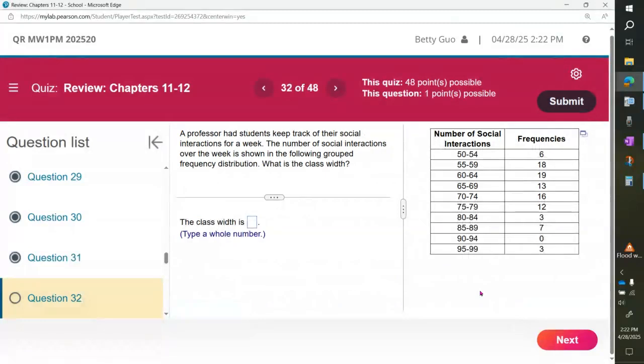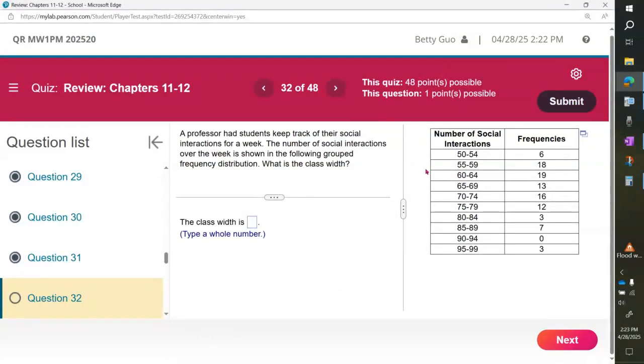A professor had students keep track of their social interactions for a week. The number of social interactions over the week is shown in the following grouped frequency distribution table. What is the class width? Oh, okay. I mentioned you're going to have a problem about class width, right? Class width is defined as the distance between any two consecutive lower limits.